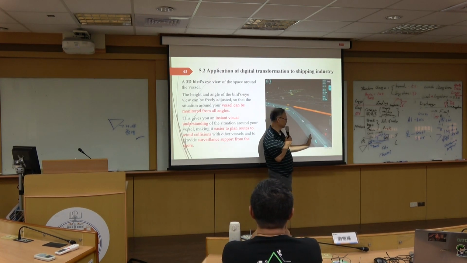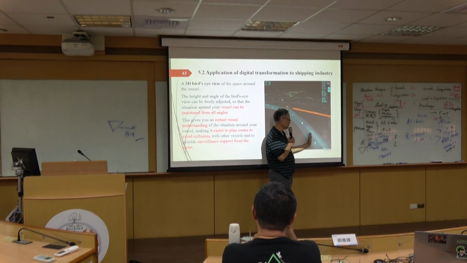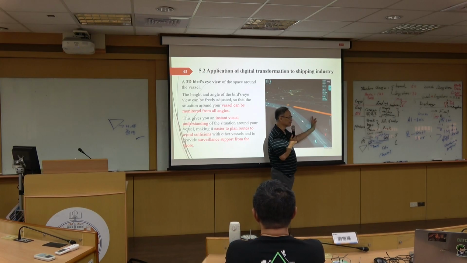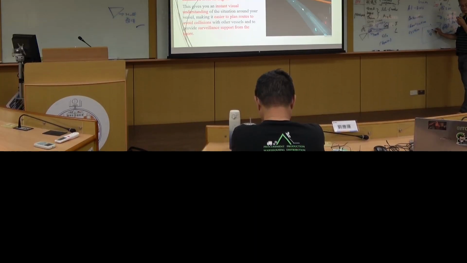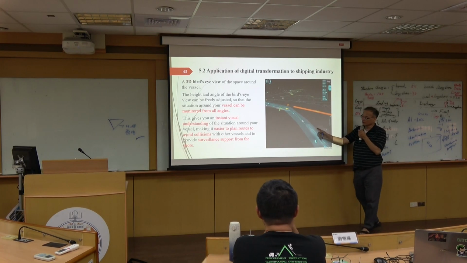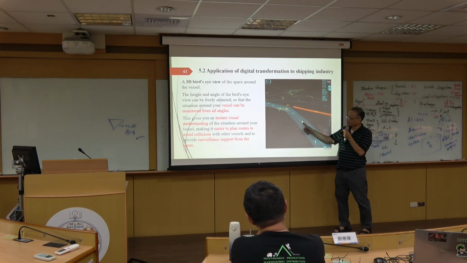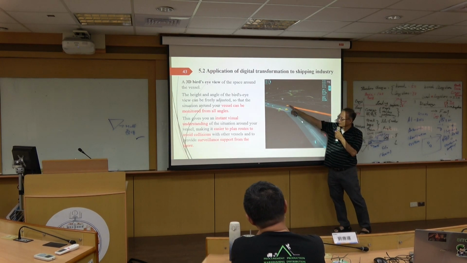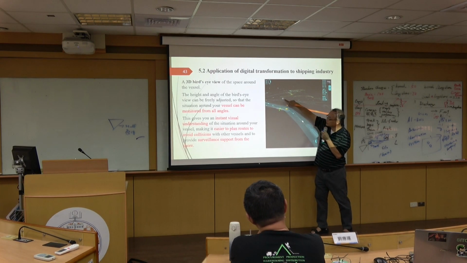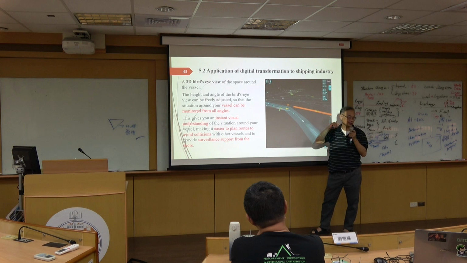If a ship goes out of its navigation route to another place, they will calculate based on AI. Okay, because you have speed, they can calculate what you are going to do. For example, if you are going to run this way, you will be out of this safe shipping road. Maybe you will get hit or run aground.